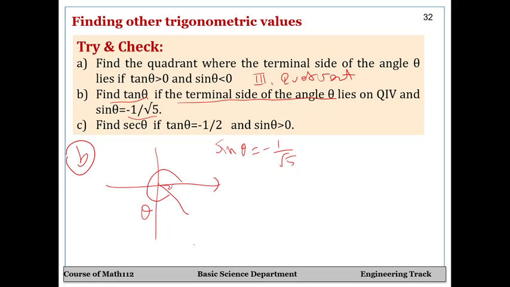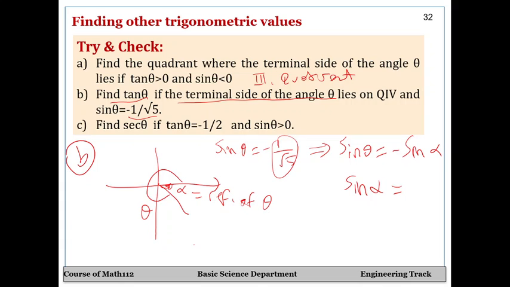So if alpha is the reference angle of theta, then we have sine theta equal to minus sine alpha, and sine alpha automatically becomes 1 over square root 5. Alpha is always positive, this is the acute angle.